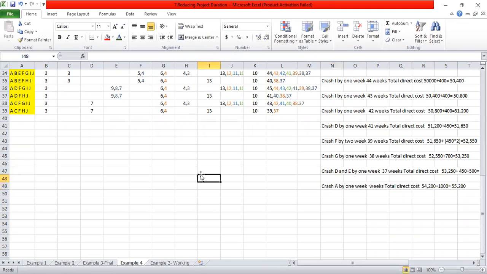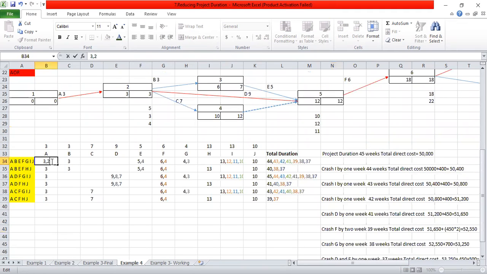So let's see what the duration is now. We can crash A by 1 week. So the total duration has to change as one reduction.